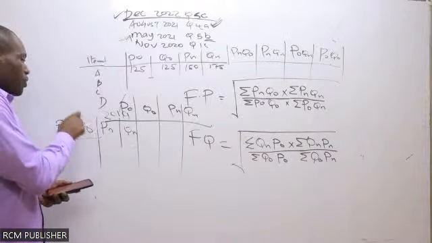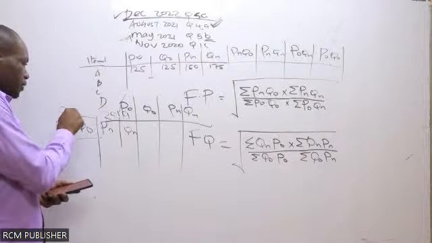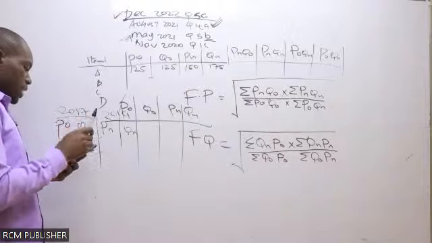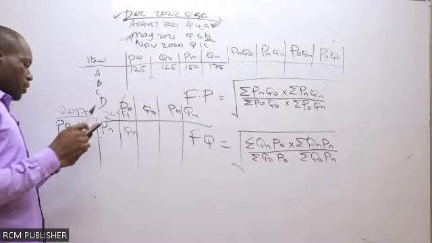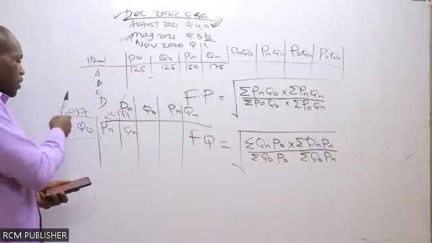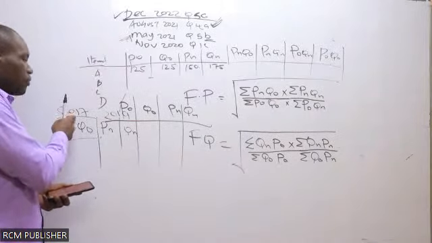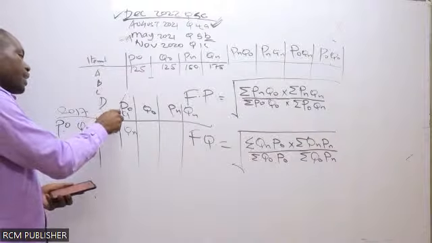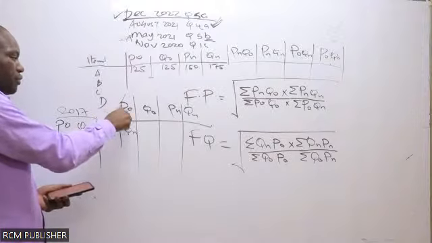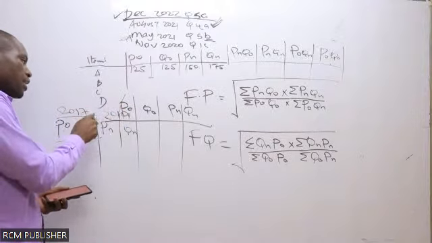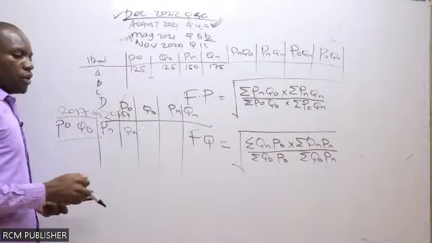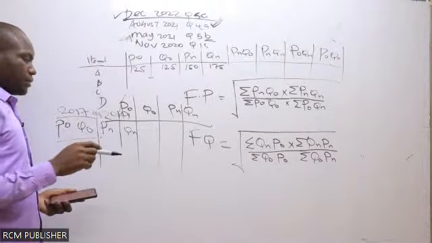PO, QO for the values of 2017. Don't be worried about 2018 because the examiner has not mentioned anything to do with 2018 in Roman 1 of the question. This is the base year. This one here is the current period or period of interest, 2019. Even though 2018 is somewhere here, and you even have the values for 2018. So I think that's clear.